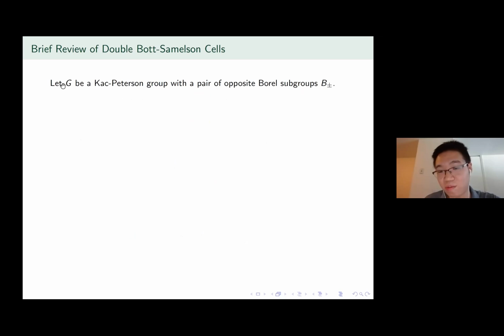The general construction is for a Petersen group G. For today's presentation, you can let G be just SLn. In general, you can let G be any group with a pair of opposite Borels, with left cosets of the positive Borel as B with a subscript, and left cosets of B minus as B with a lower subscript.